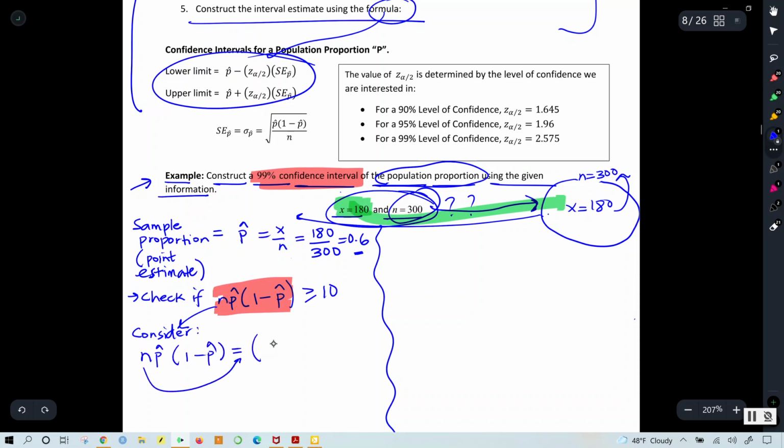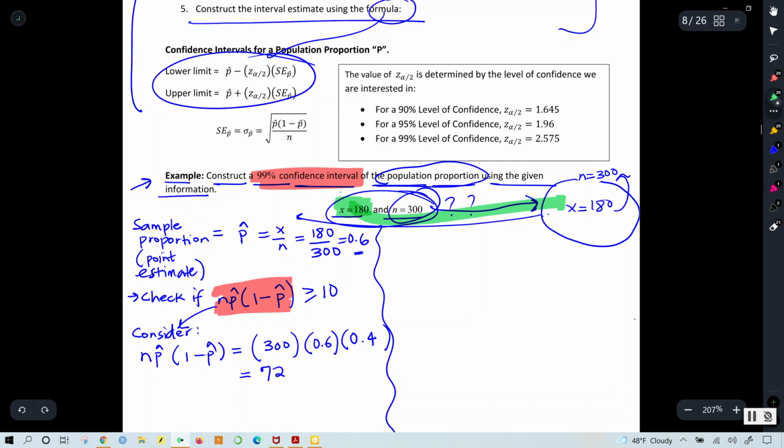The sample size n is 300. My p-hat is 0.6, and 1 minus p-hat is 1 minus 0.6, which on my calculator is 0.4. If I multiply all of this together, I will get 72.